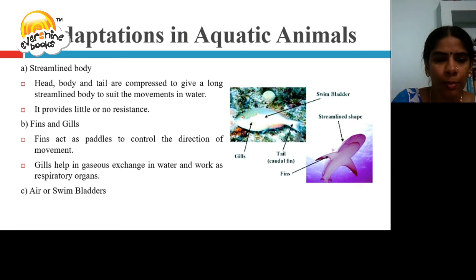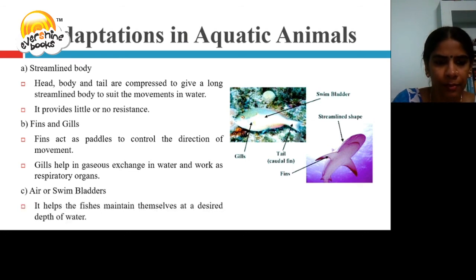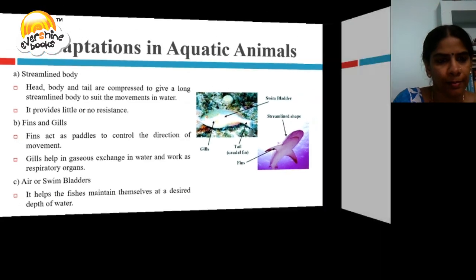Air or swim bladders help the fish to maintain a desired depth of water, that is, only to a particular level of depth. They can swim in the water with the help of this swim bladder.